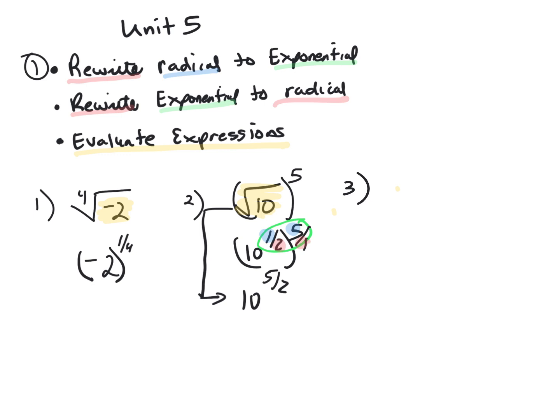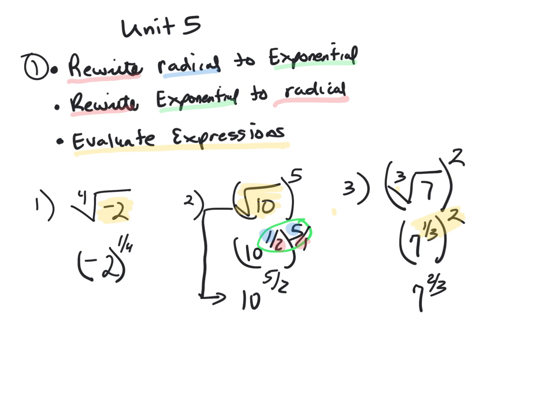Number 3, what if we had the cubic root of 7 being raised to the 2nd power? So the cubic root of 7 could be 7 to the 1/3 power and then squared. And then when you have a power to a power, you need to multiply. So when you multiply 1/3 times 2, doesn't that give you 7 to the 2/3 power?